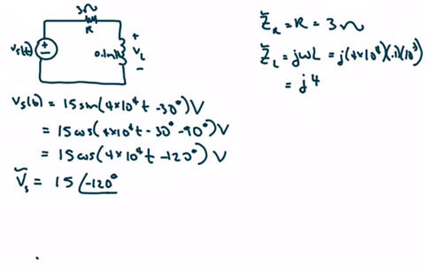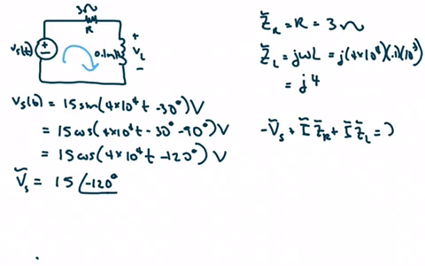All right, so now we want to do KVL for this loop here, and that leads us to minus Vs plus I ZR plus I ZL is 0.